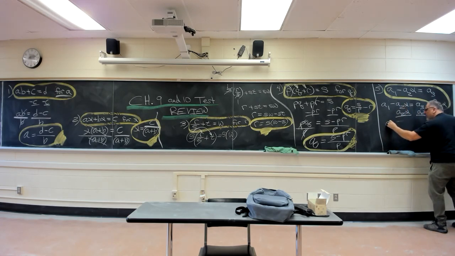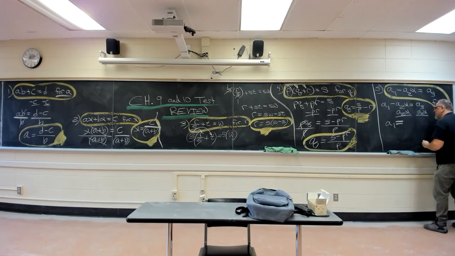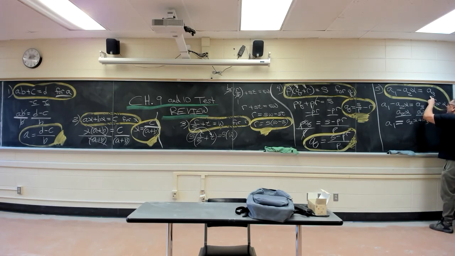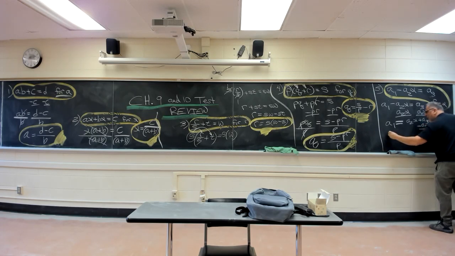You've got 2x plus 3. You could subtract 3 on each side because you're trying to solve for x. This is not the only way to do it. Certainly not.